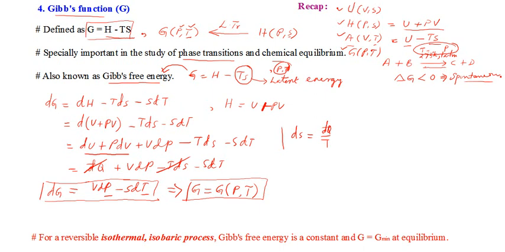Like the Helmholtz free energy was of use to us whenever we are dealing with the systems whose volume and temperature can be controlled by us. Controlled means you have got control over these two variables, right? Then you can just use A, you can depend on A.